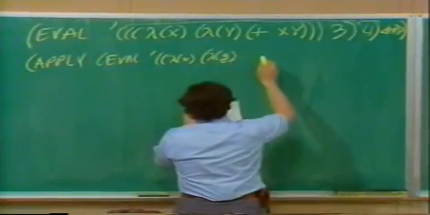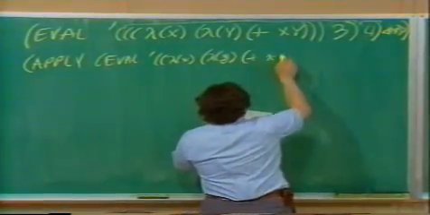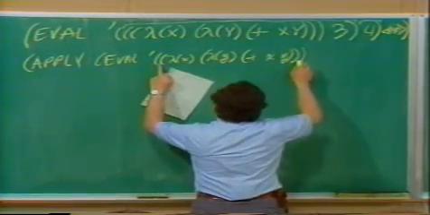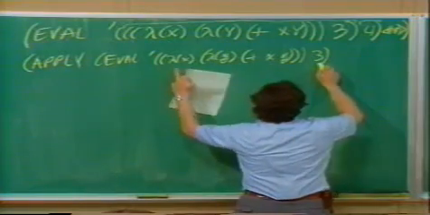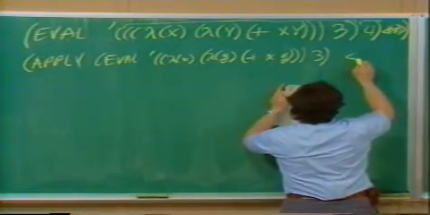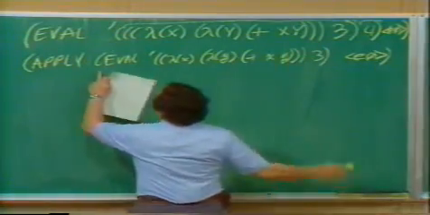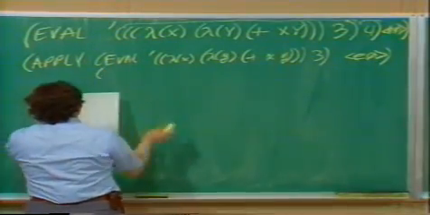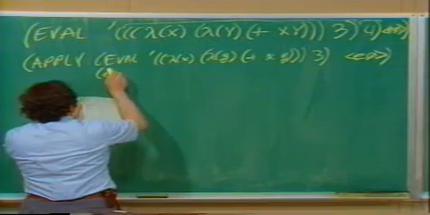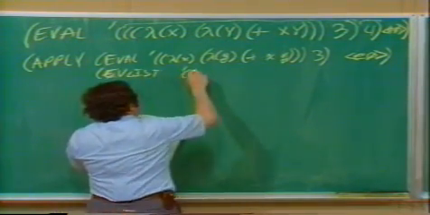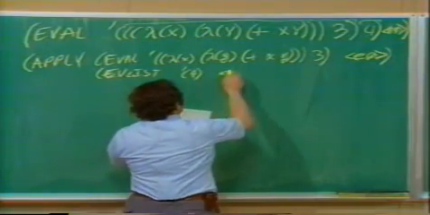I'm evaluating the operator plus x y in the environment, also E0, with the operands that I'm going to apply this to, the arguments being the result of evlist, the list containing 4 in E0.